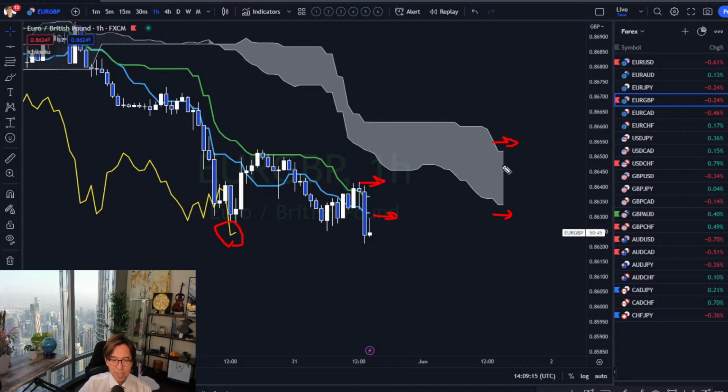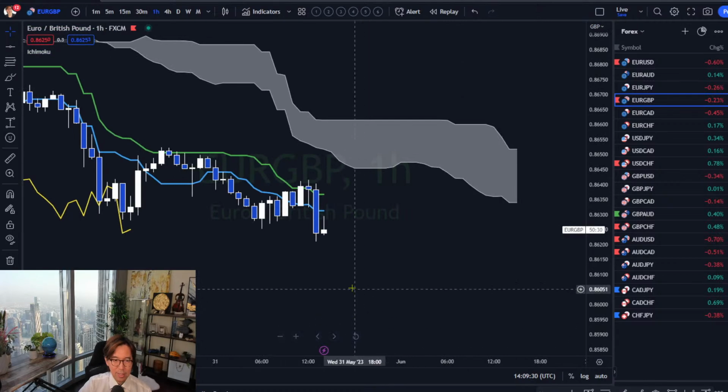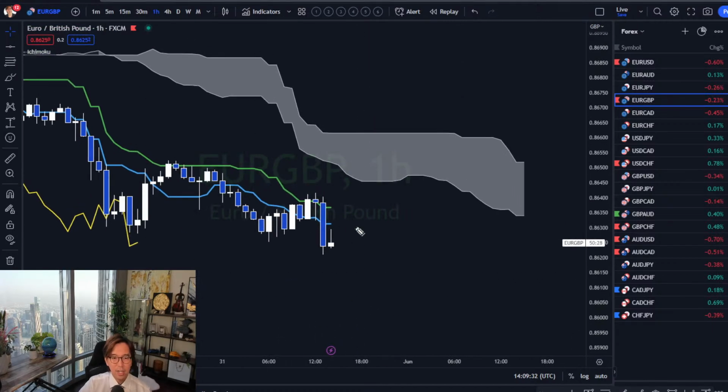But now Kumo is flat, Kijun Sen and Tenkan Sen are flat. So that means the market's range. To make the long story short, the market's range in 1 hour. And what I mean by range is the buyers and sellers are at a 50-50 level.